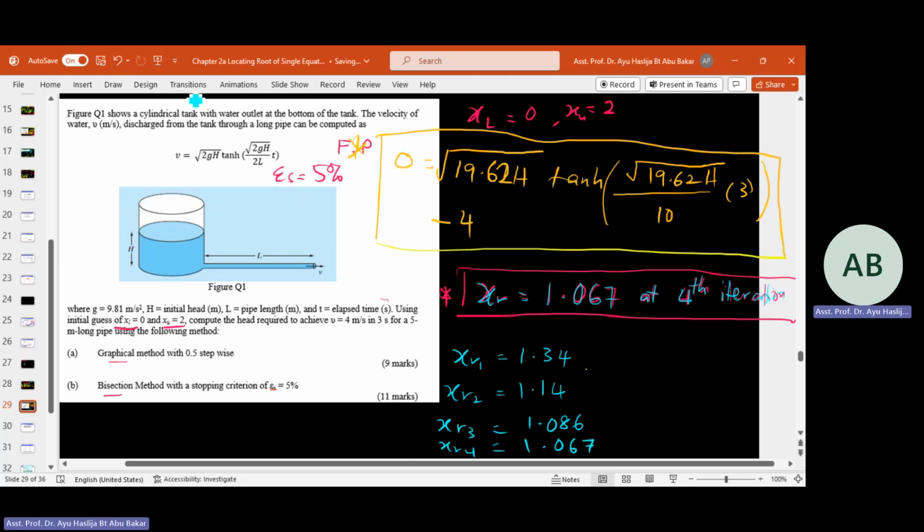Okay, this is the trend of the XR. Similar to your numbers for the XR value? Okay, good. Until the fourth iteration only. So if your XR trend is different, check back your calculation.